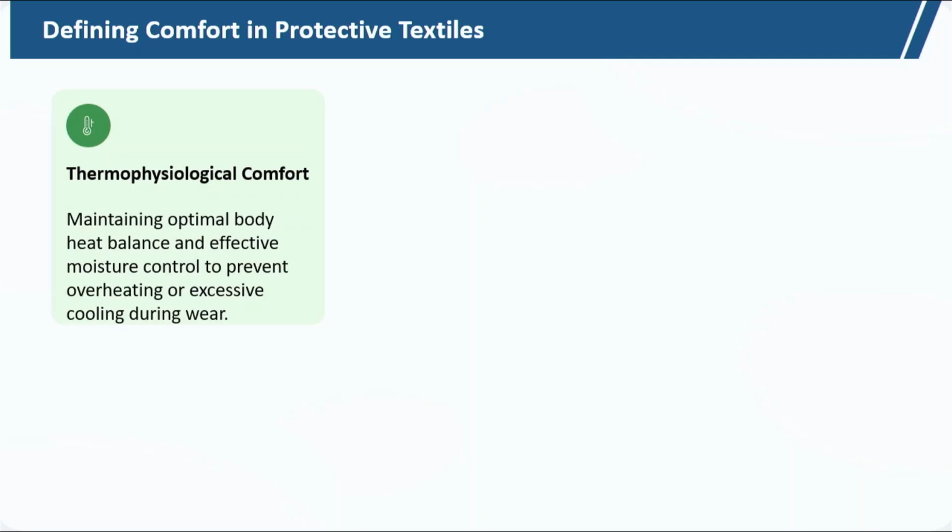So, what is the definition of comfort in protective textiles? It is defined in several areas. First, thermophysiological comfort. Our protective textile will always interact with the human body, and the human body generates heat during performance, so the heat balance has to be there.